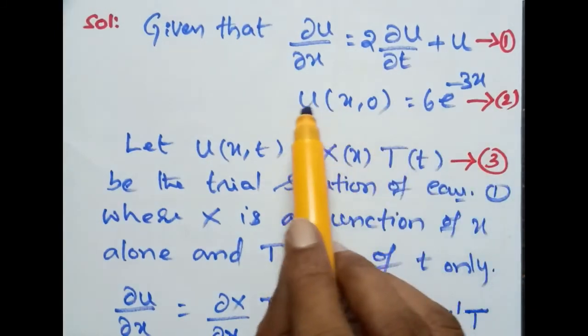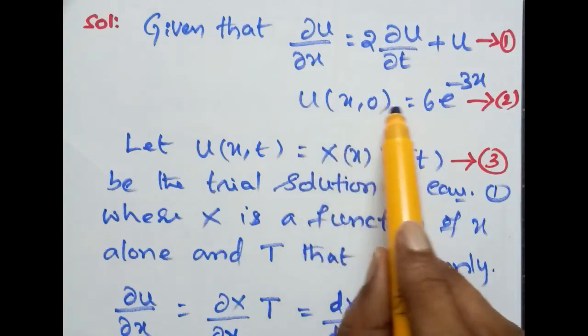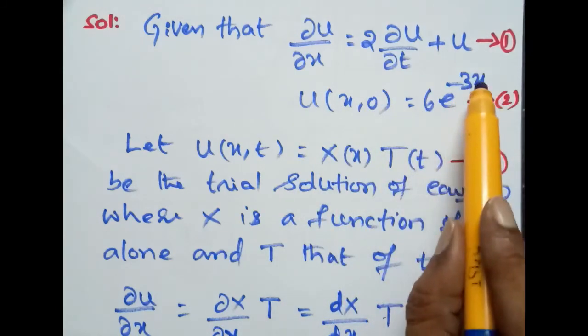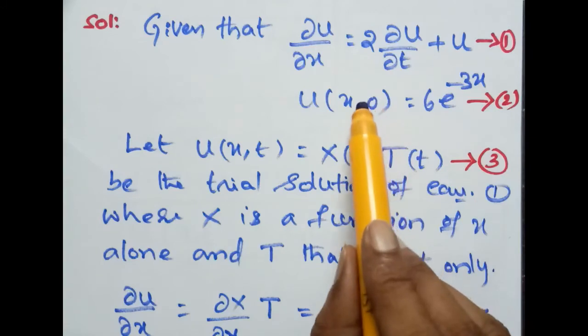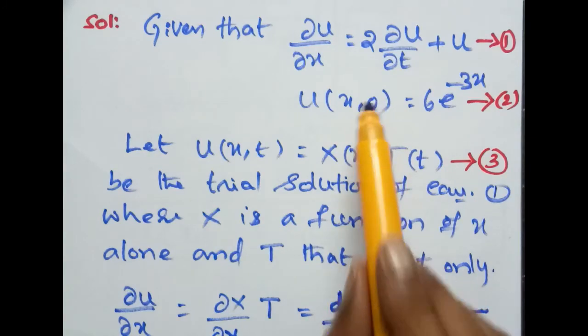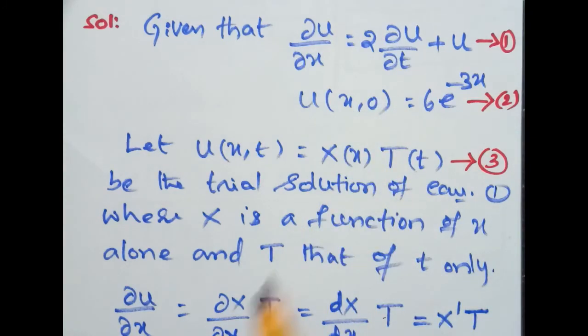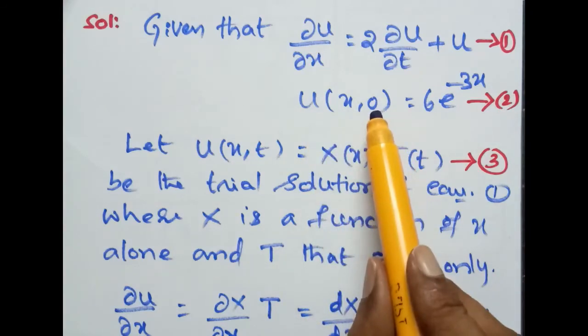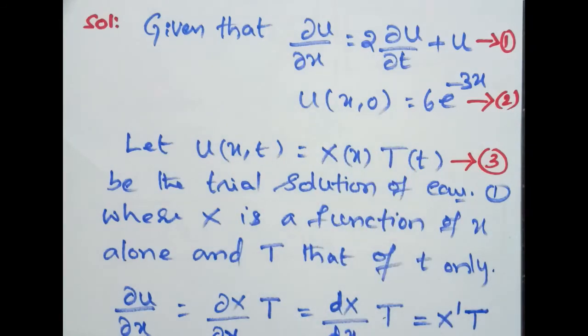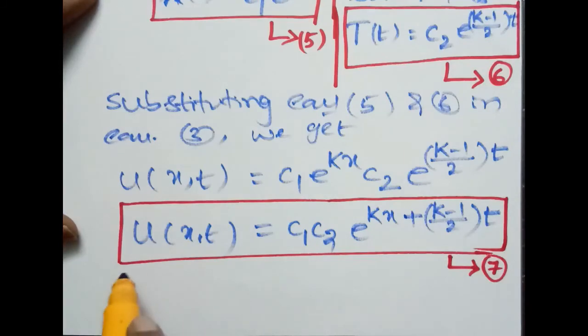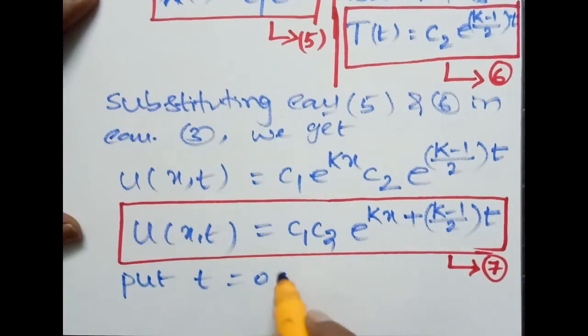See, in equation 2, given that u of x comma 0 is equal to 6 into e to the power of minus 3x, therefore put t equal to 0 in the given solution. That means in equation number 7, we have to substitute t equal to 0. Put t equal to 0 in equation 7.